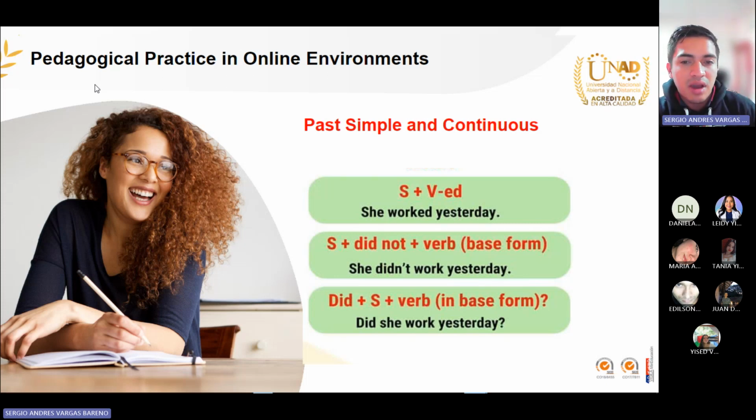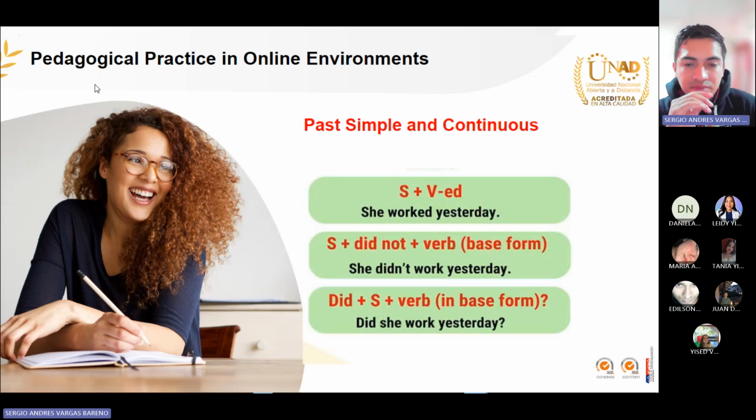So in this case we have the verb work. Work is a regular verb, so we add ed. In the case of irregular verbs, you have to change the base form of the verb, right? Nosotros tuvimos una clase explicando cuáles eran las diferencias relevantes entre irregulares y regulares. ¿Listo?